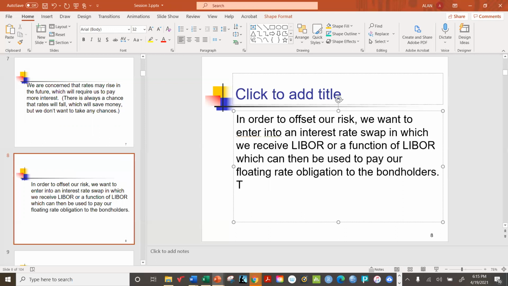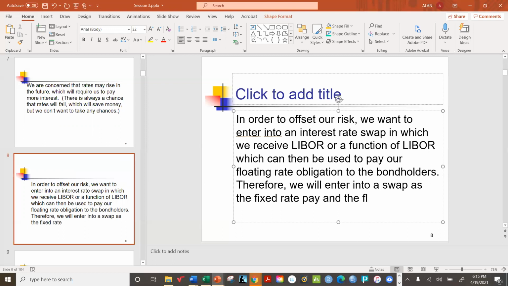Okay, so therefore, we will enter into a swap as the fixed rate payer and the floating rate receiver. Anything else wouldn't make any sense.